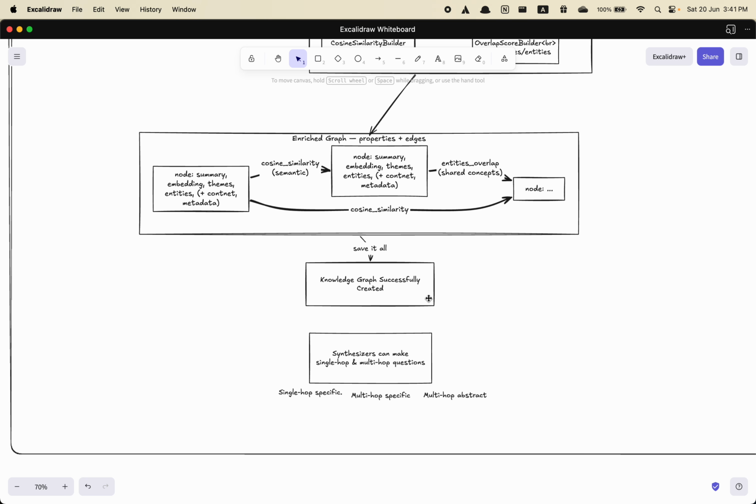And then a multi-hop abstract question would also require multi-hopping to get to them, but they're more focused on themes. That might be, what are the symptoms when a cat is sick, and how does, in our scenario, our specific feline PDF document touch on this?